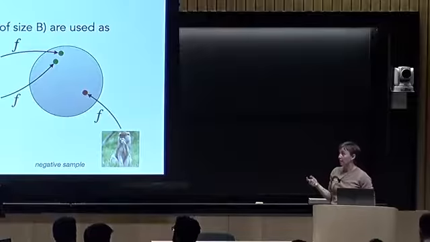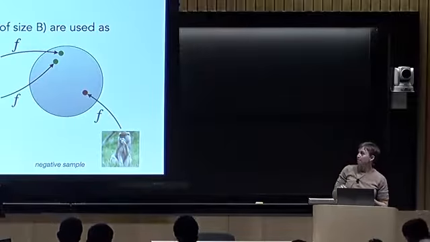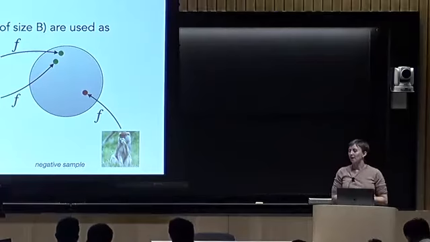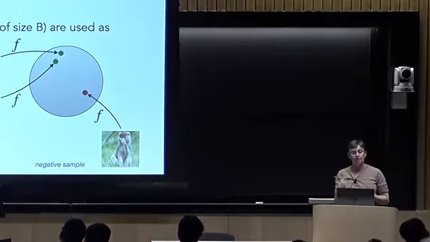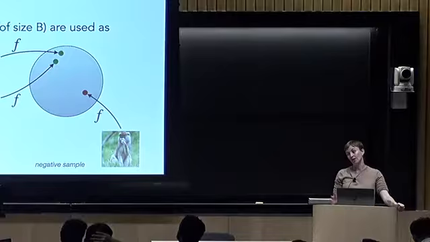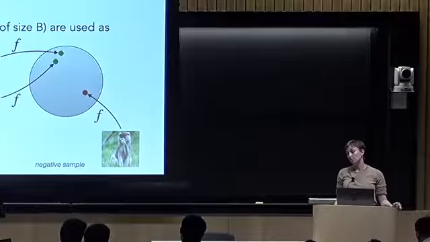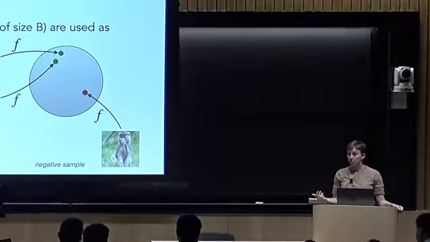These types of positive negatives are confusing when you're learning these representations. And there's explicit work that shows that if you can remove those, even by using something like explicit supervision, it can really improve a representation.